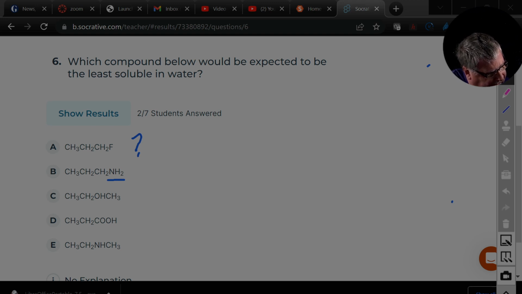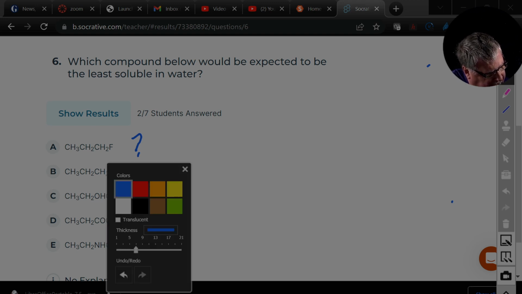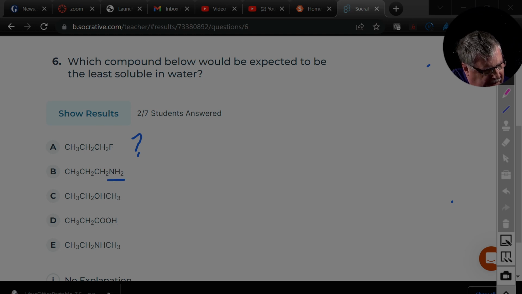The third one, we see an OH group in the middle. That suggests hydrogen bonding. And the fourth one, we have the OH group here. The fifth one, we have an NH group. So all of these, except for the first one, have some form of hydrogen bonding to them.